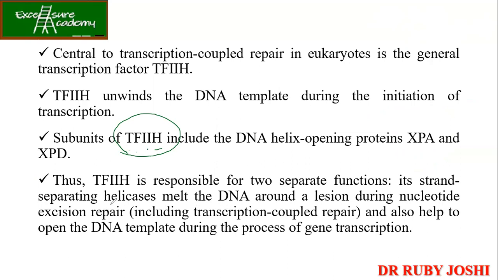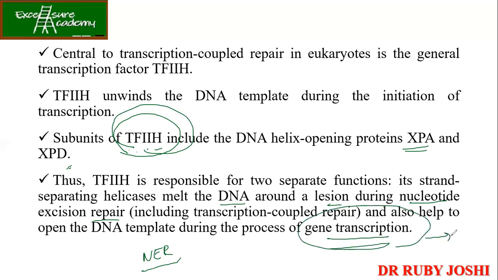It is helping in separating the DNA around the lesion during NER. So जो हमने पढ़ा. Okay, NER में जो strand separation करता है with the help of your XPA and XPD, even along with XPA and D, TF2H is also helping. Plus, it is also required during gene transcription. So gene transcription जो हम करेंगे in further lectures, we will talk about TF2H.